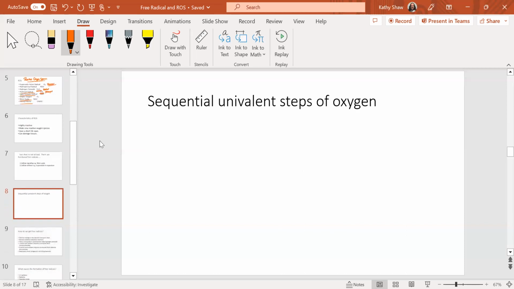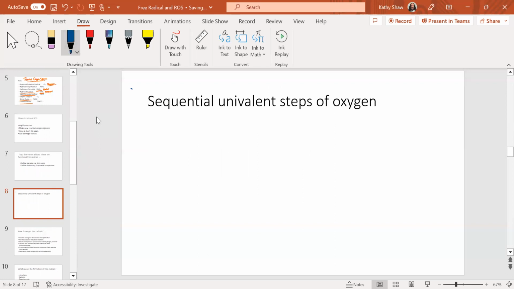Okay, so we've got some sequential steps that drive this whole thing. We're going to go through the reaction, go through the steps, and just look at electrons getting added, because like we said, this is reduction and oxidation, gaining electrons, losing electrons.